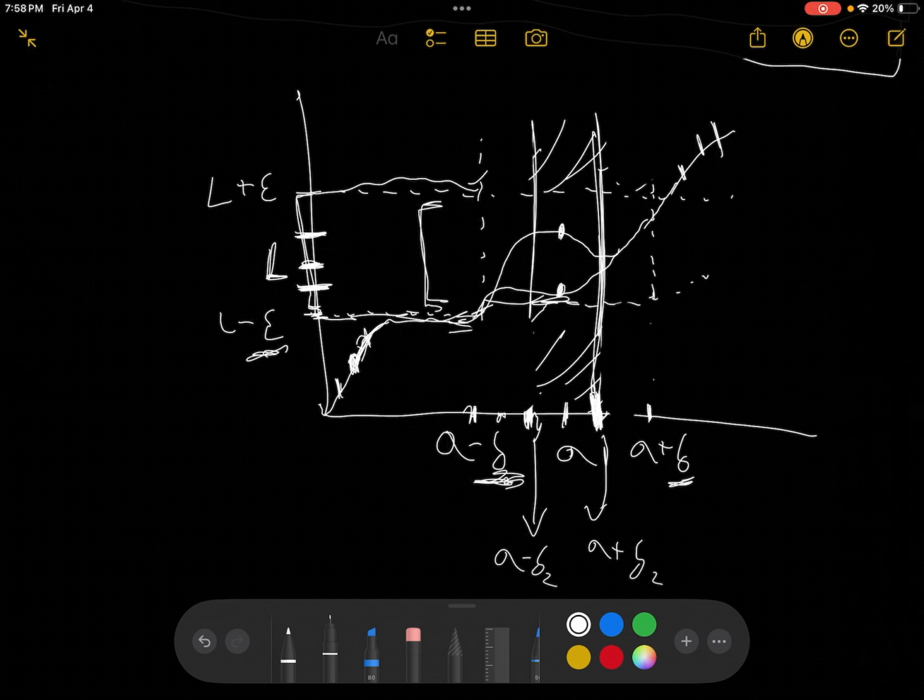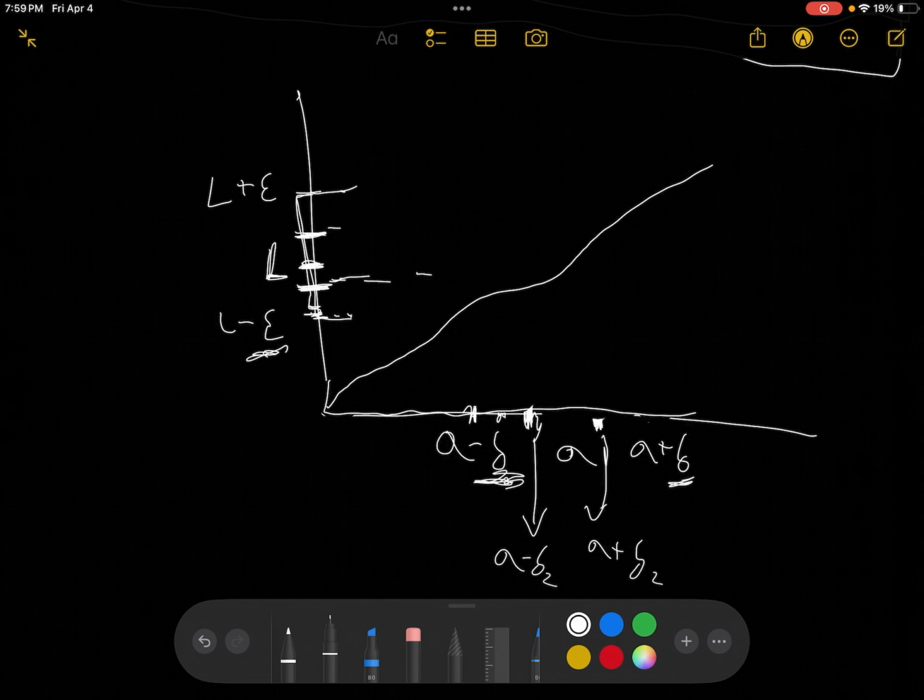If we shrink epsilon, on the other hand, then as epsilon gets smaller and smaller, notice that we're limiting the range the function can be in more and more.